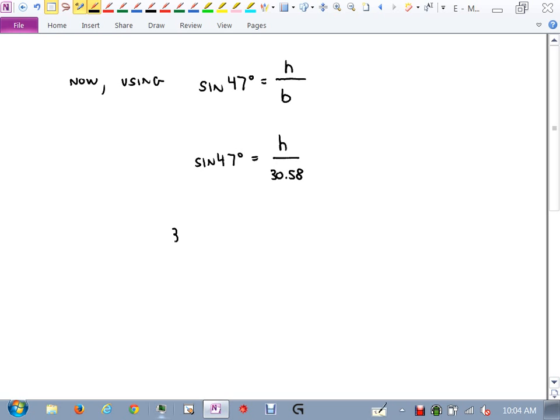And now multiply both sides by 30.58, and you should get your height. It's not a very tall building. 22.36 feet equals the height of the building.